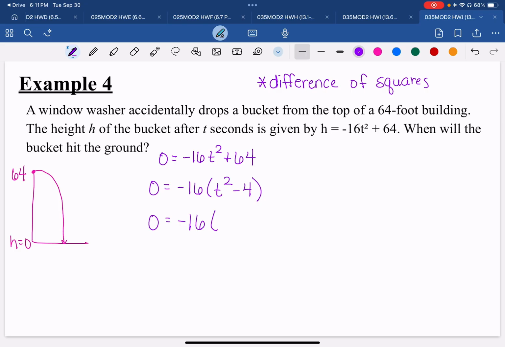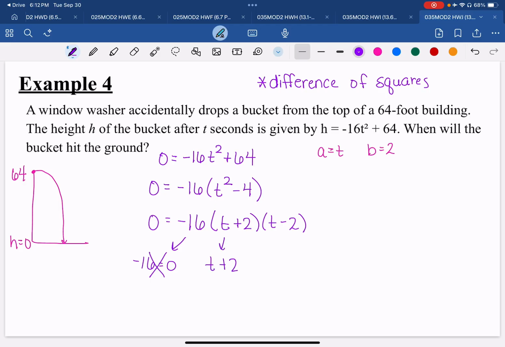T squared means that A is t. 4 means that B is 2. So this is going to become t plus 2 and t minus 2. Now that it's factored, I can start solving. Remember, negative 16 equals 0 makes no sense.